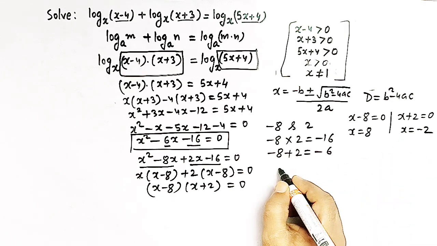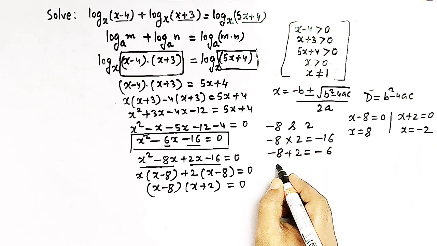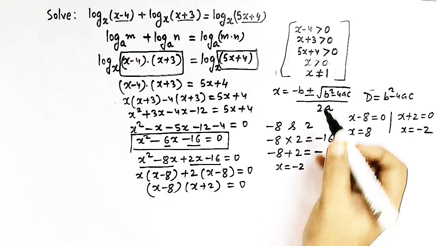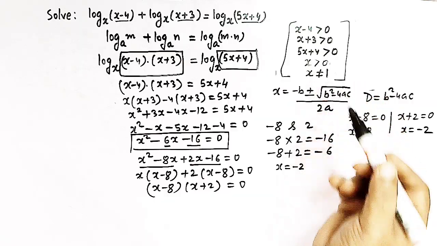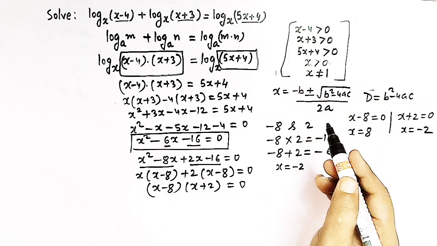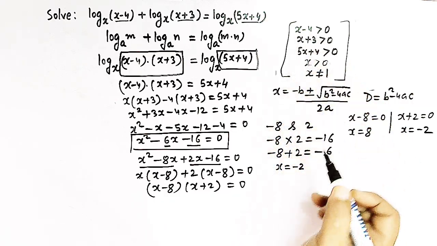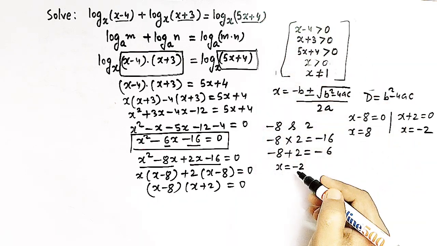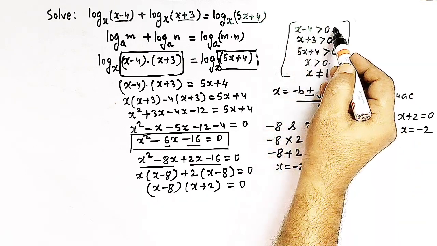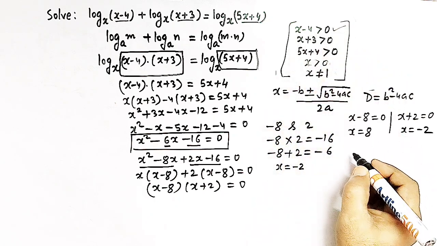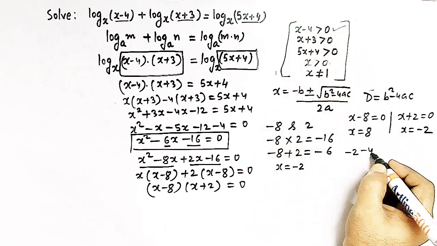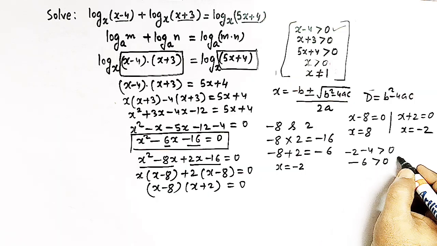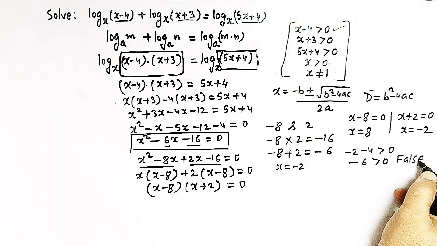So now let us consider the value of x, that is minus 2, and let us see whether this value satisfies these conditions. And we can easily see that the first condition is not satisfied by x is equal to minus 2, because if we take x is equal to minus 2 in this inequality, then we have minus 2 minus 4 greater than 0, that is minus 6 is greater than 0, which is a false statement.